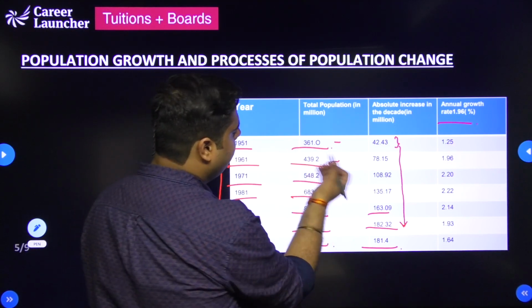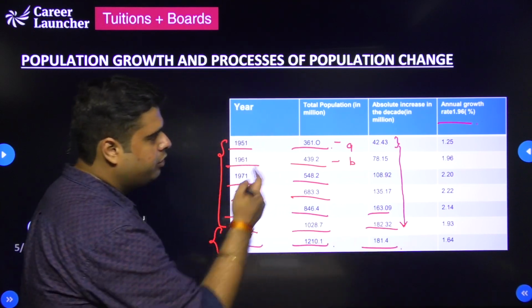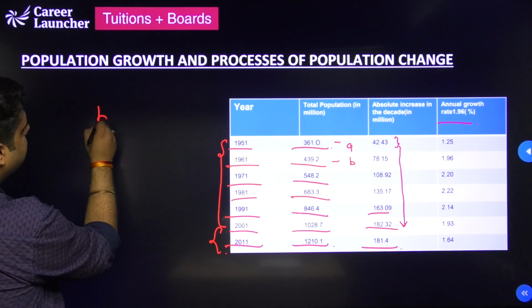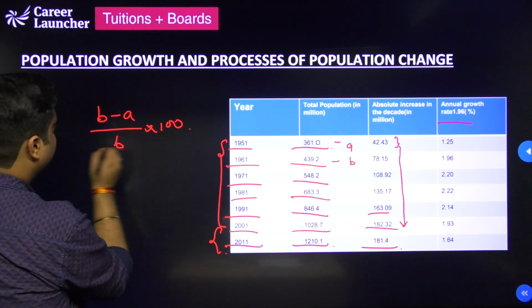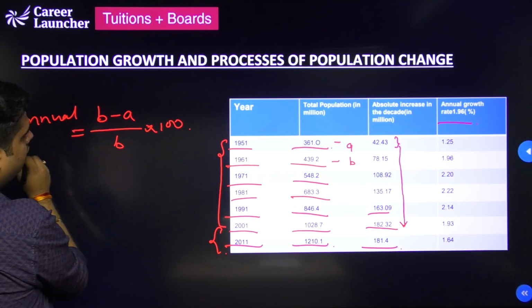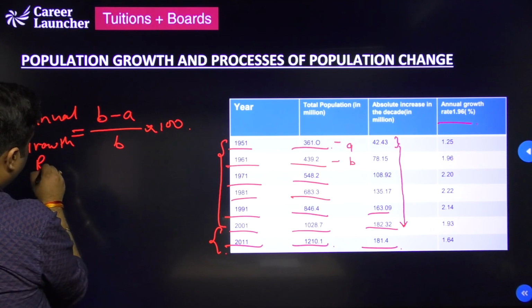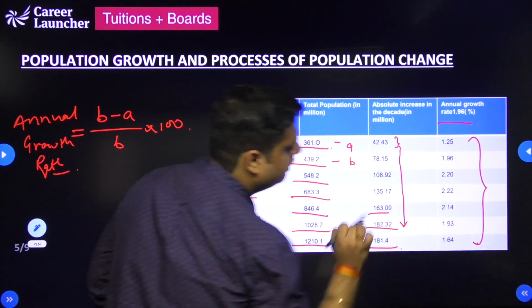For example, let's take this number A, this number B. If we want to find the annual growth rate percentage, we will be doing B minus A by B into 100. So this will give us the annual growth rate, which is mentioned in this column of the table.